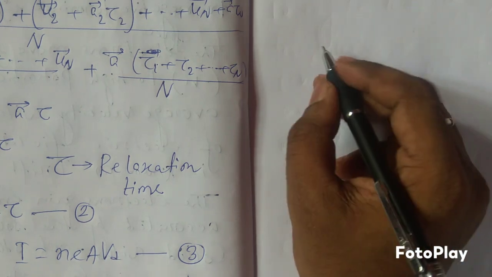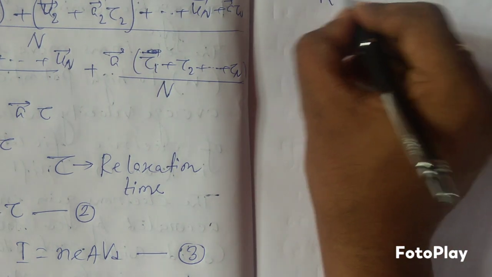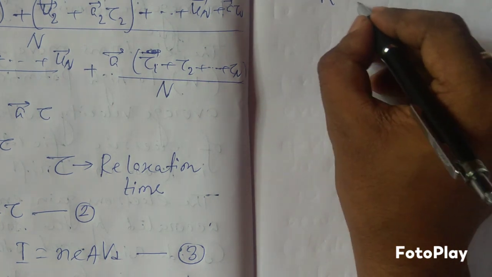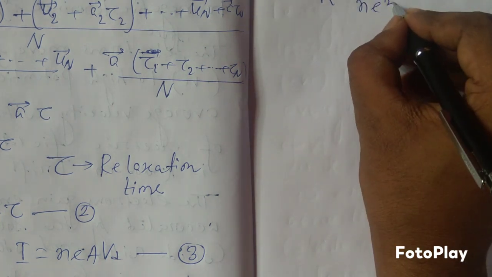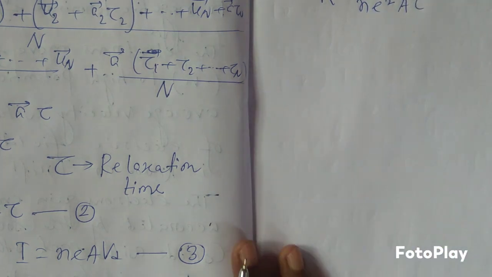So we get R equal to ml by N square A tau.